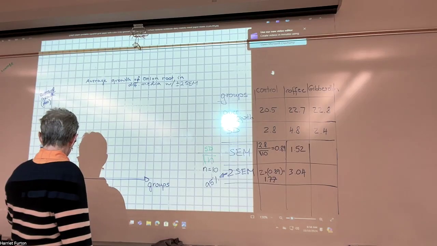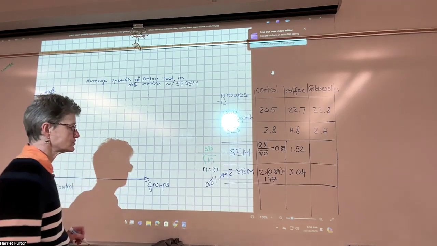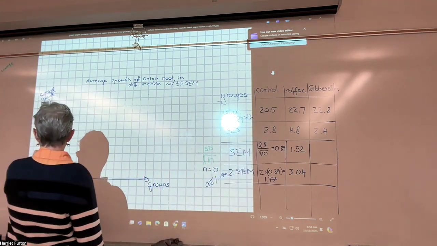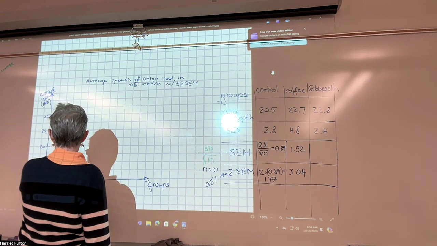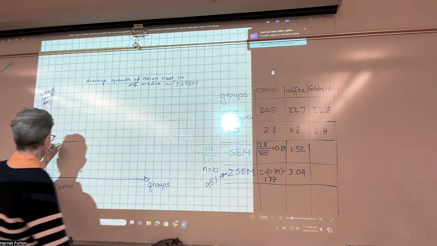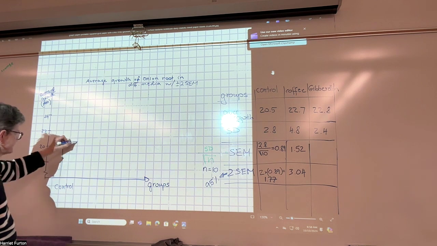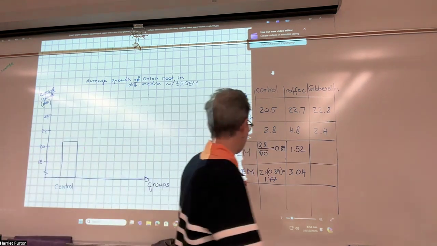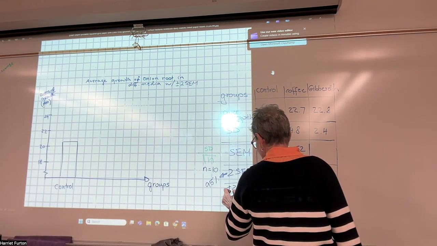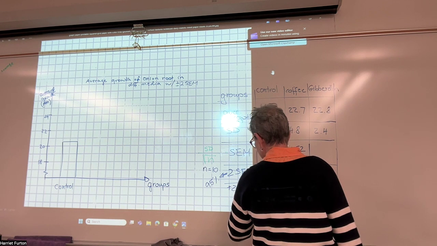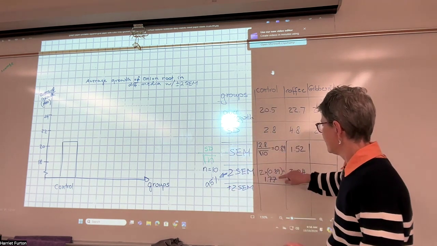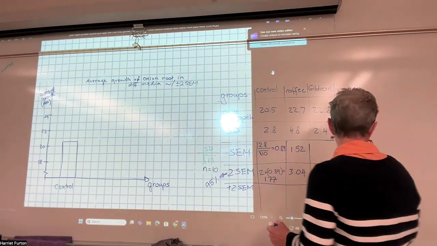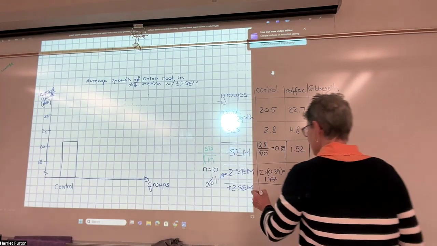Let's start with the control, and the control's average growth is 20.5. So it will be here somewhere. It's a bar graph. So that is the value for the average. And I will add plus 2 SEM, this value 1.77, to 20.5. So altogether it will be 22.3.